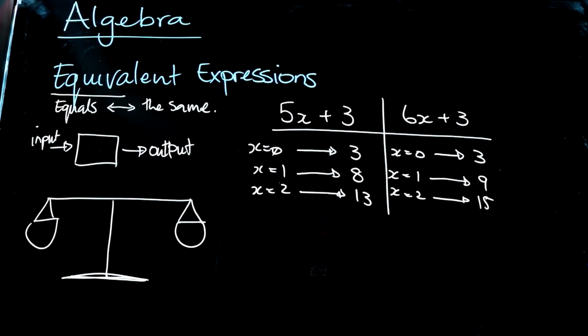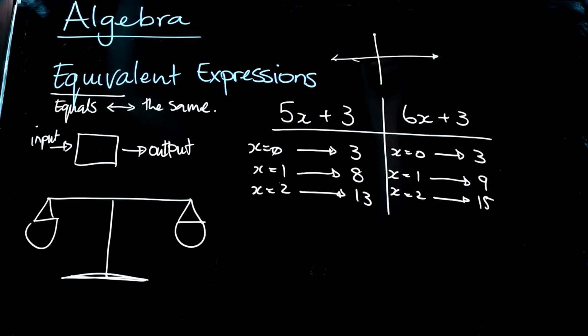And in a previous video, I talked to you about trying to map out, get some sort of sense of what is happening in this situation here. These are our x values, our input, this is our output, and they both cross at x equals 0. One of them's doing this and the other one is doing something slightly different.